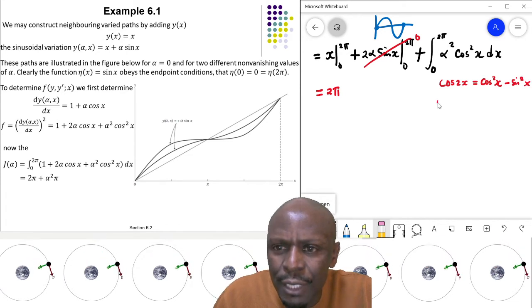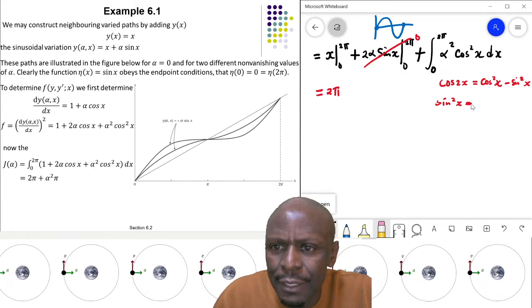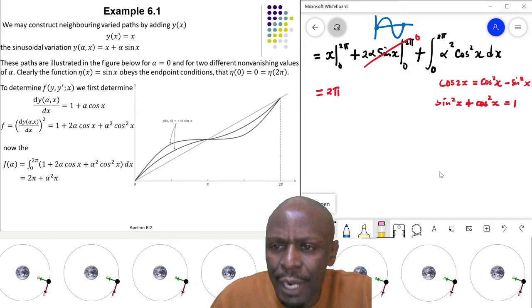And also sine squared x plus cos squared x is equal to 1.